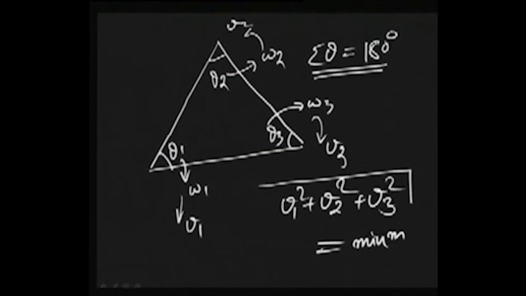Only if my V1, V2 and V3 are coming from the proper method of adjustment, then in that case one and unique solution will satisfy this. For any other solution, this sum of square residuals will not be minimum.